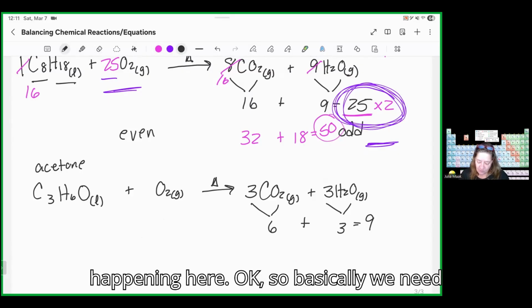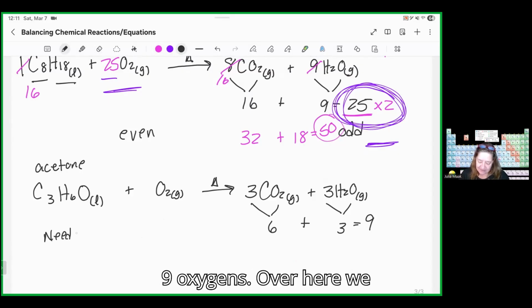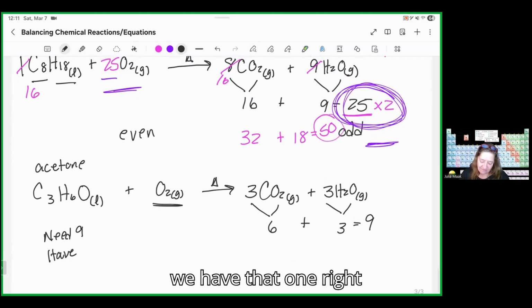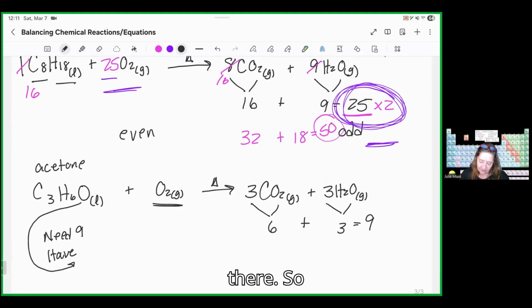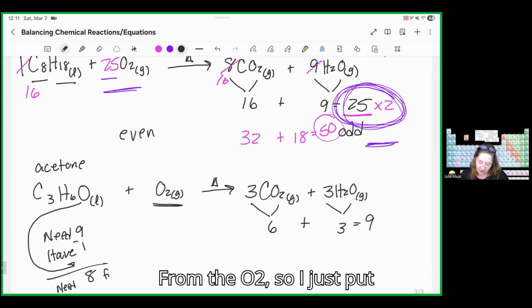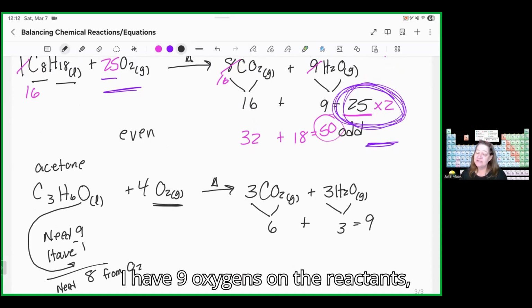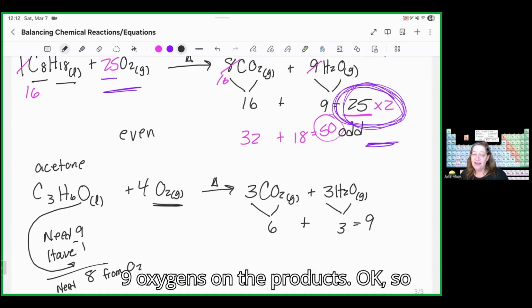Okay, so basically we need 9 oxygens over here. Not counting our diatomic, we have that one right there. So I need 8 from the O2. So I just put a 4 in front of it. Now I have 9 oxygens on the reactants, 9 oxygens on the products.